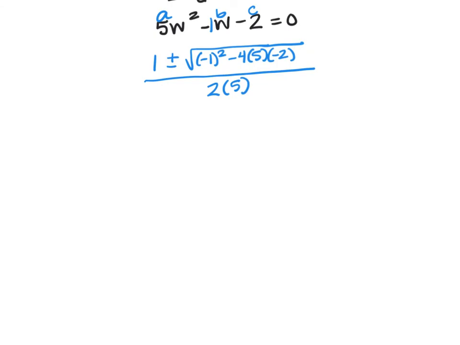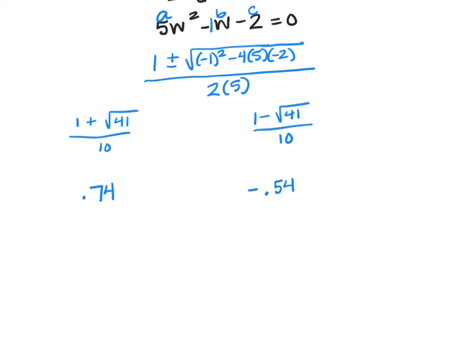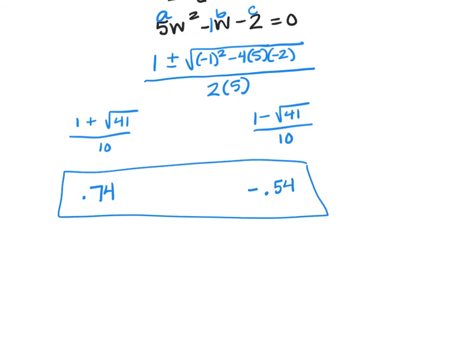So now I can break that down into 1 plus the square root of 41 over 10 and 1 minus the square root of 41 over 10. And I can just put this in the calculator. So 1 plus the square root of 41 divided by 10 gives me 0.74. 1 minus the square root of 41 divided by 10 gives me negative 0.54. So these are both the solutions to that problem.